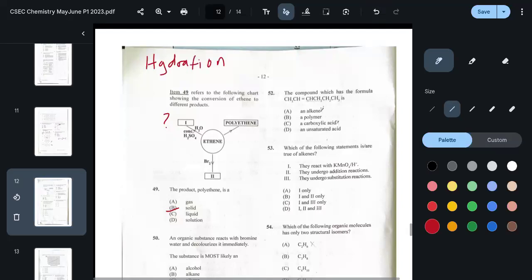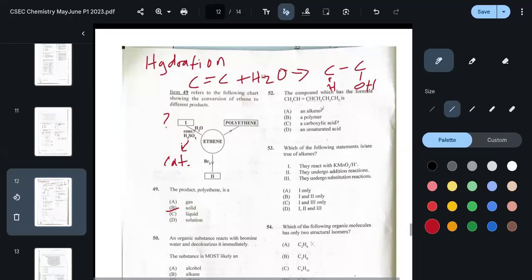The acid is the catalyst, sulfuric acid. Remember, whenever you add water to an alkene, you are going to get an alcohol, because you break the double bond and add hydrogen to one of the carbons and OH to the next one. So you're converting alkene to alcohol.